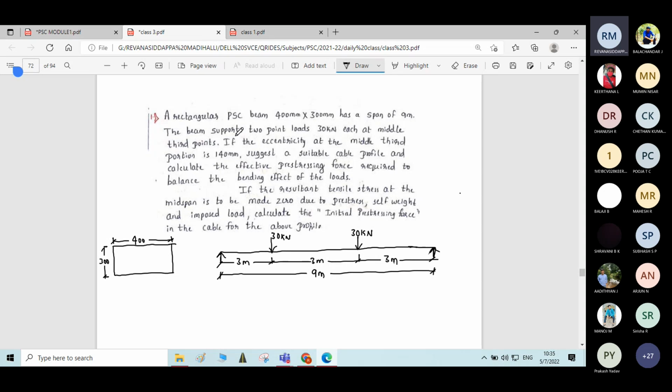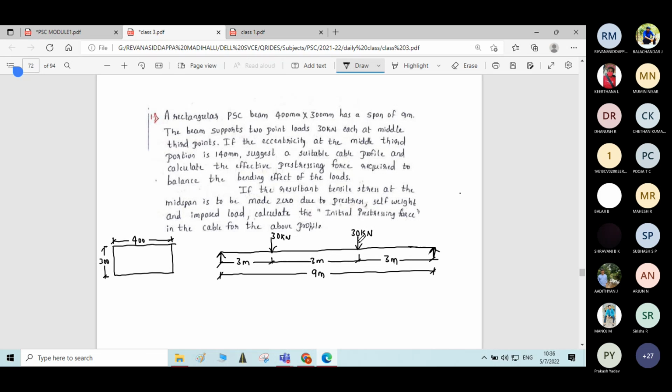If the beam supports 2 point loads of 30 kilonewton each at middle third points. So the beam supports 30 kilonewton force at middle third points. I have written the 2 point loads at middle third portions, that is 30 kilonewton force.